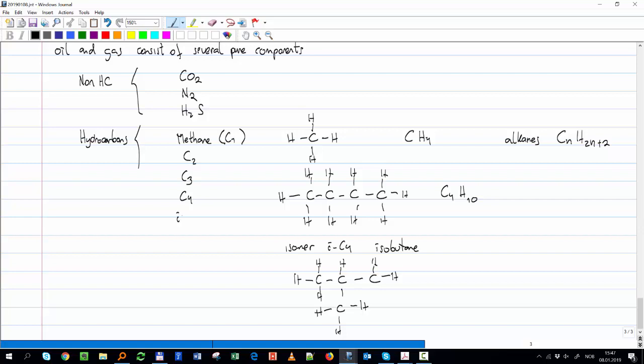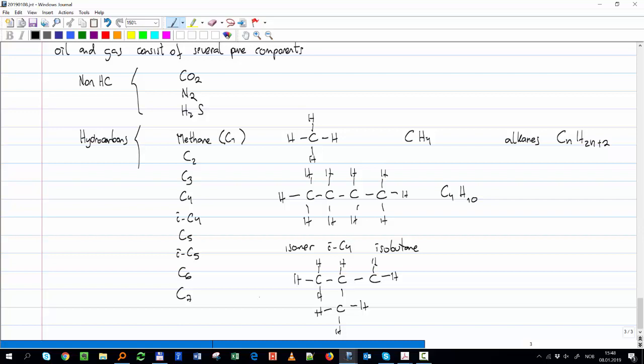So here we have IC4, we have C5, IC5, and when it comes to 6 and above, it becomes very difficult to track all of these isomers. They might have an infinite number of isomers. So I sometimes try to group all of them under the same compound.